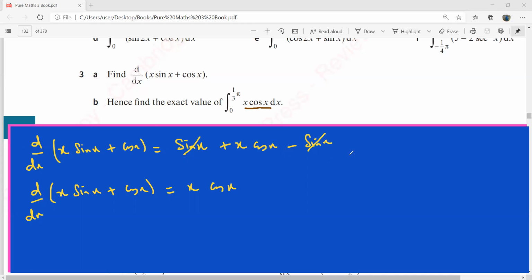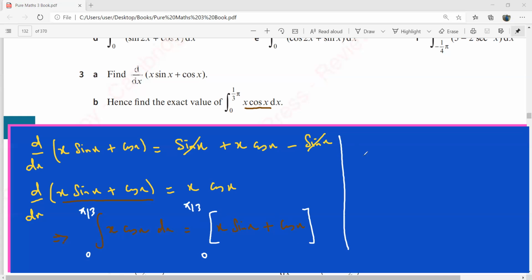So if the derivative of all of this is x cos x, then the integral of x cos x is going to be x sine x plus cos x. Since you have to apply the limits, we put the limits from 0 to pi by 3.